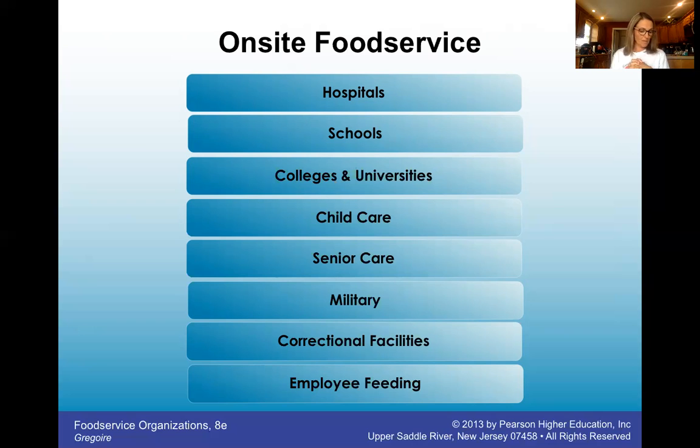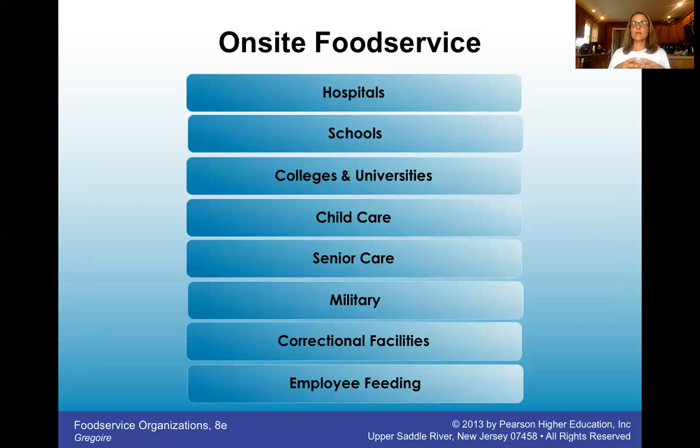Schools, they have to meet the standards for the National School Lunch Program. So we are seeing some changes in that as well. I think about when I was in school, if you went through the school lunch line, you just had like one choice, right?